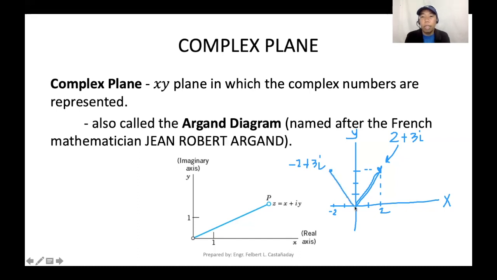Now, for the conjugate of this complex number, the imaginary part becomes negative 3, so it becomes negative 2 minus 3i. So negative 3 is below. Okay, that's how you represent the complex number in rectangular form. This is a complex plane or the Argand diagram.